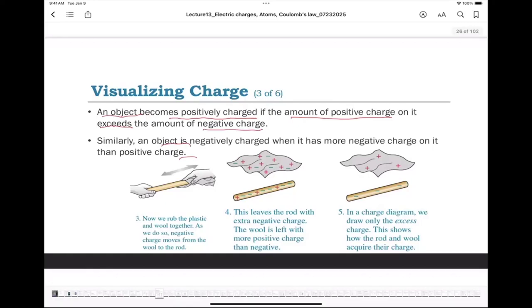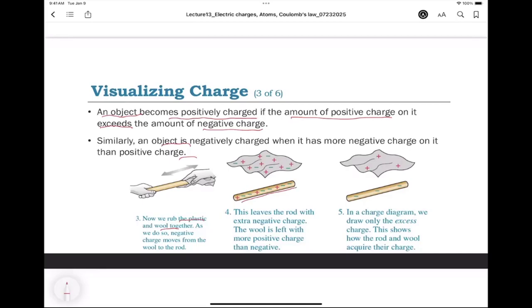This is an experiment where we rub the plastic and the wool together. As we do so, negative charge moves from the wool to the rod, which leaves the rod with excess negative charge.